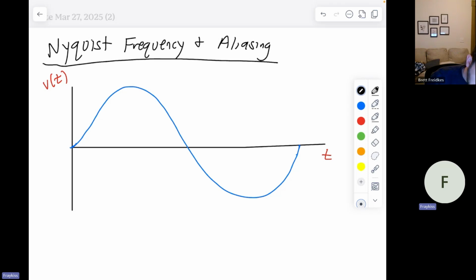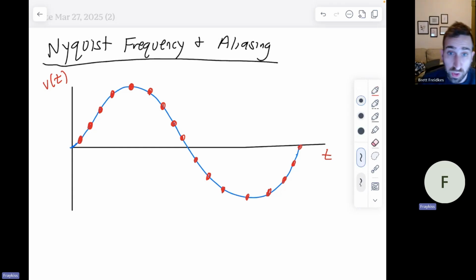And ideally, when I do this, I will get enough points so that I can determine the shape of this waveform, but more importantly, the frequency of the waveform.